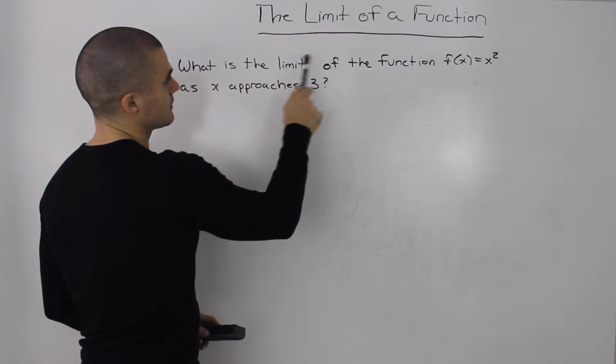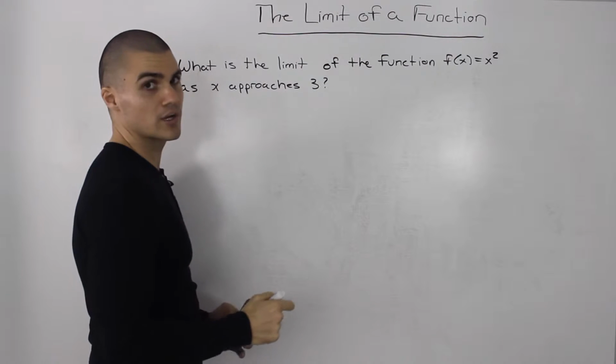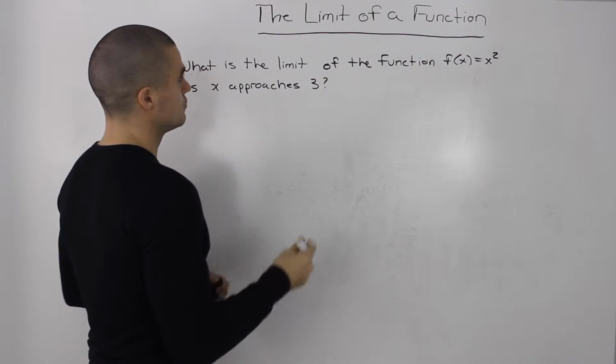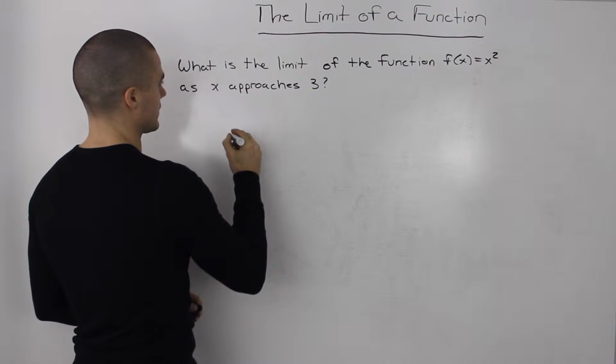What is the limit of the function f of x equals x squared as x approaches 3? Okay, so you probably aren't too sure of what I mean by here.